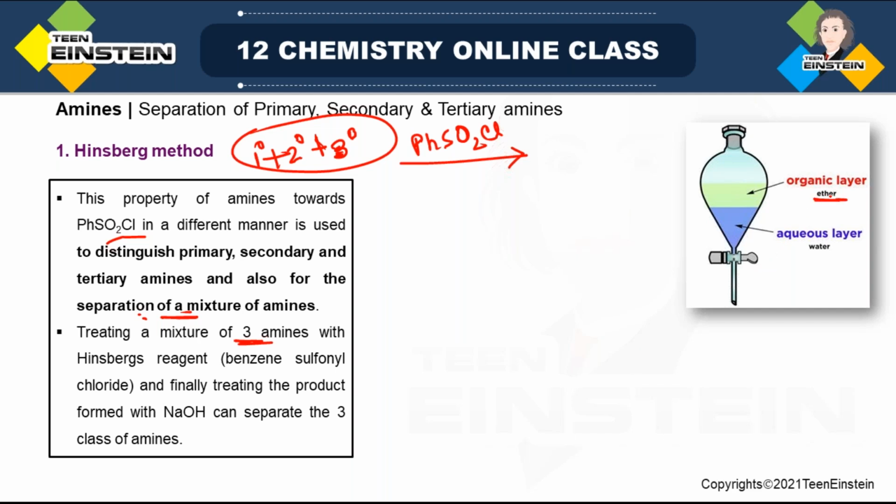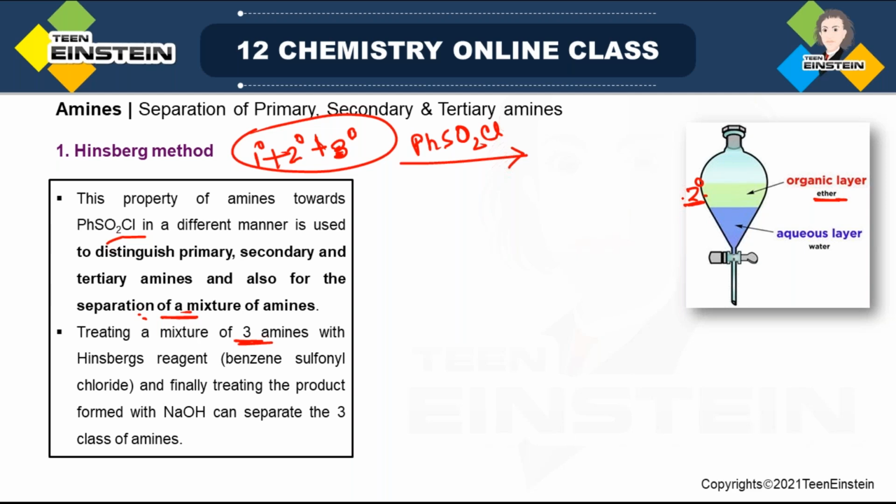Organic layer means it can be any organic solvent, mostly ether we take. So when you shake the ether and water layer together along with this reaction mixture, the organic layer, that is the ether layer, which will be above the water layer, will contain the compound which is formed from 2° amine.